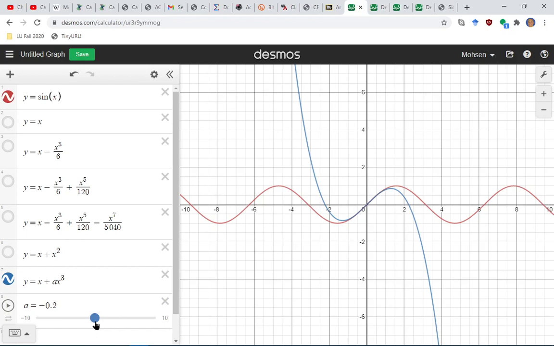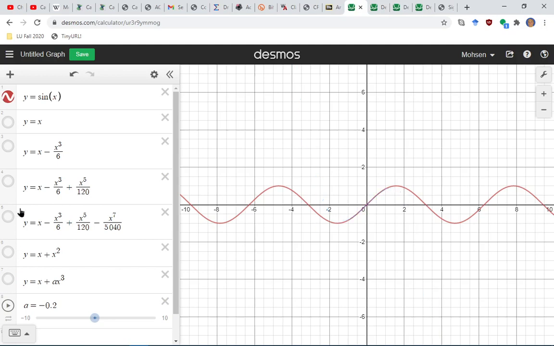The approach that we are going to take to come up with how to mix an x and x cubed and so on is the following. We are going to try to match the derivatives of the two functions. Okay, the approach we take is that we come to this point, and we try to arrange the two functions so that their derivatives will be the same.